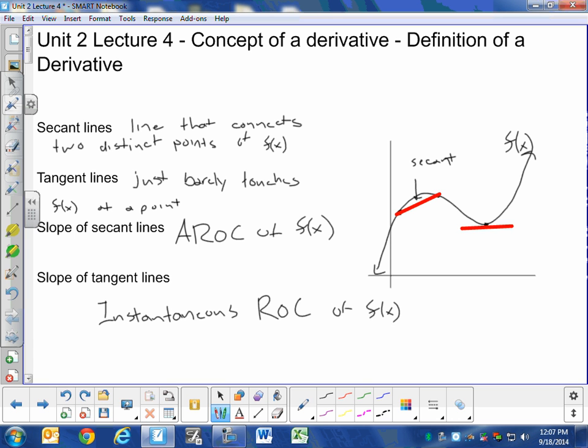That great approximation will be the exact velocity of my dude at that point. So this tangent line would no longer give me an average rate of change between two points, but with the two points on top of each other, it would give me an exact rate of change at a specific point.